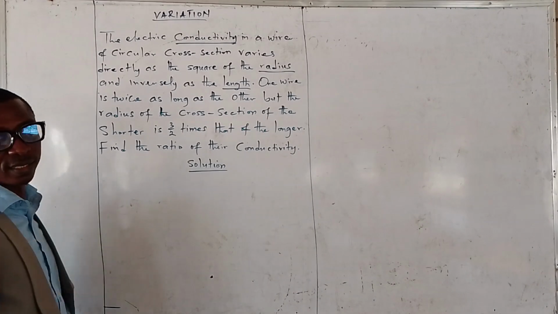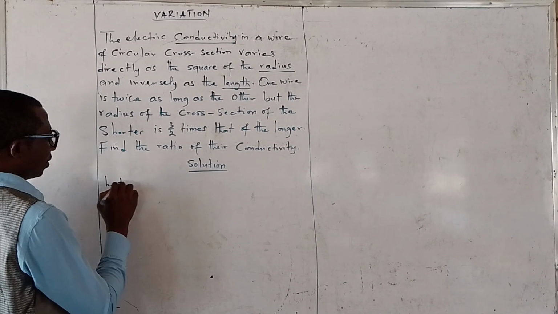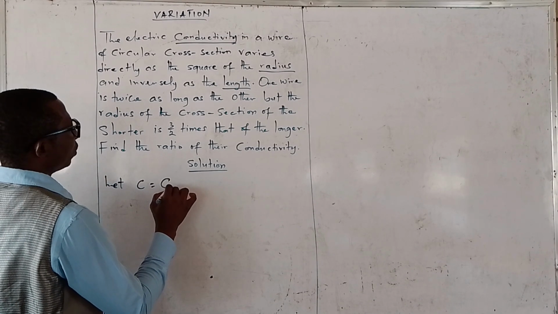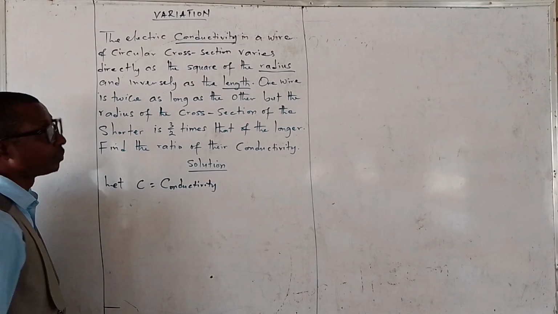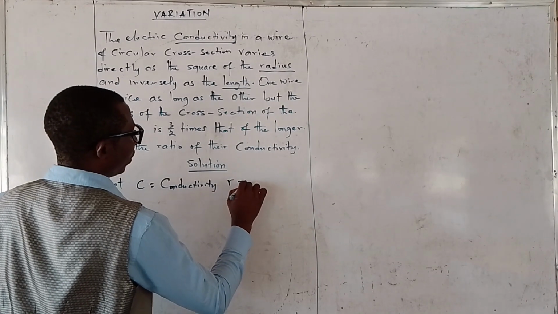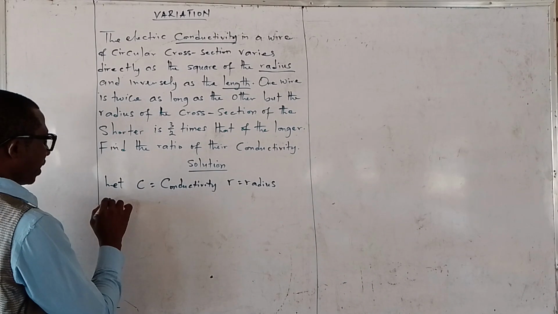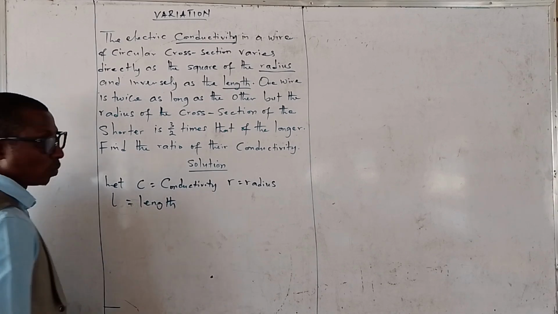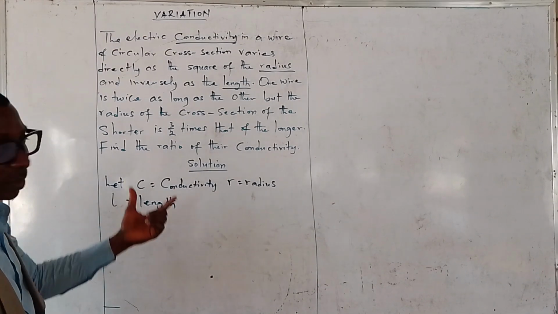So we have three parameters here. Let's say C equals the conductivity of the wire, R is the radius of the wire, and L is the length of the wire.